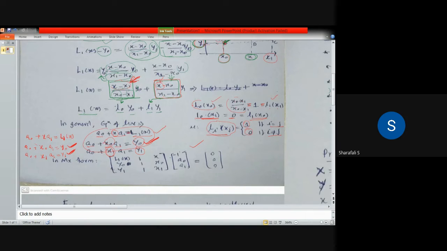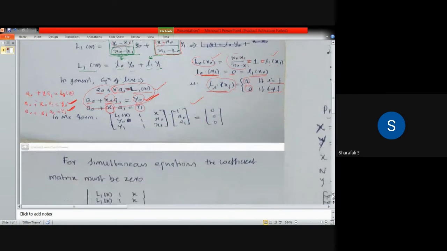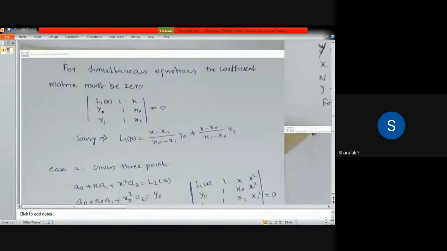Now you consider those matrices, and for this simultaneous equation, the determinant of the coefficient matrix must be equal to 0.